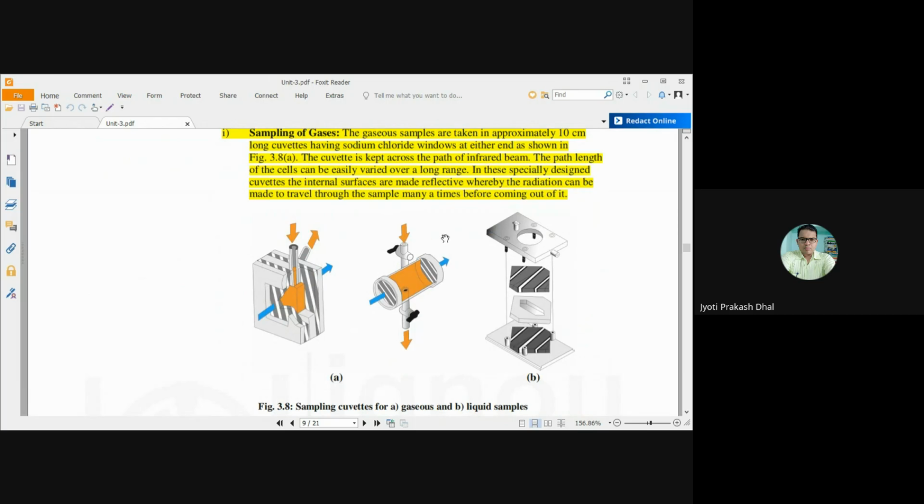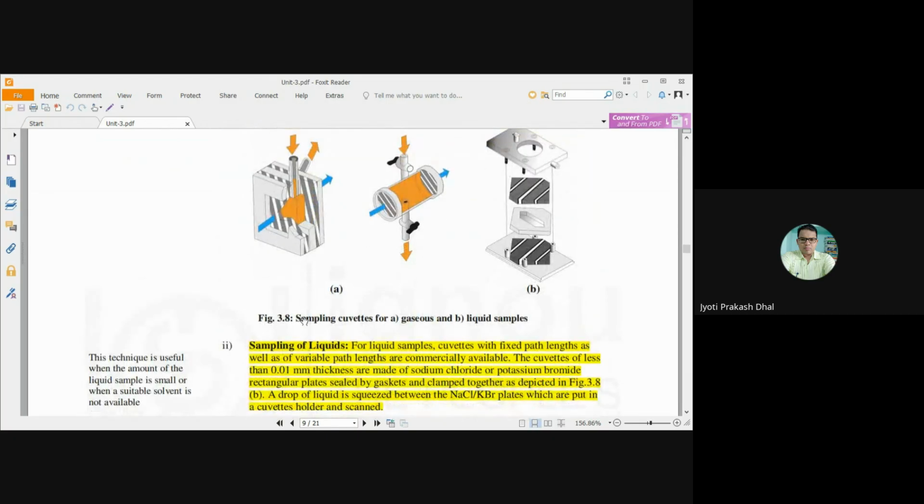In this figure, you can see a cylindrical cuvette, and both the windows are made up of sodium chloride. The path length of the cells can easily be varied over a long range. In these specially designed cuvettes, the internal surfaces are made reflective, whereby the infrared radiation is made to travel through the sample many times before coming out.